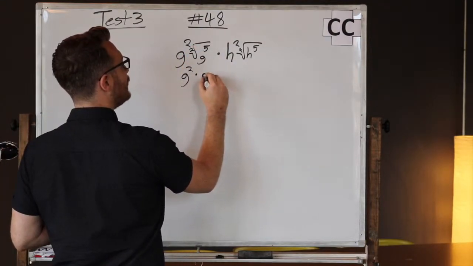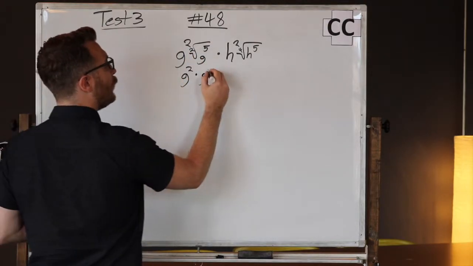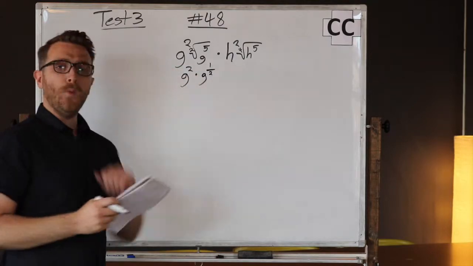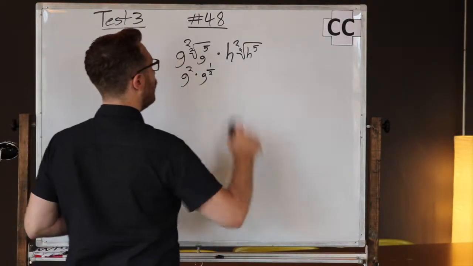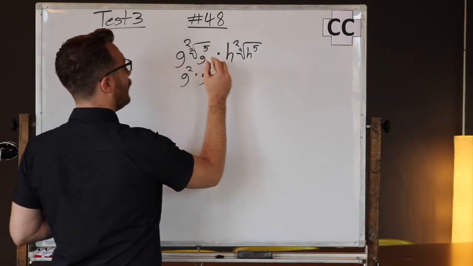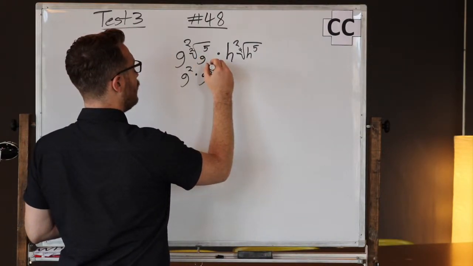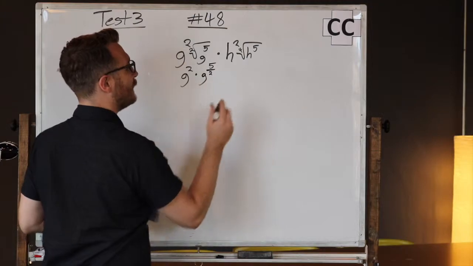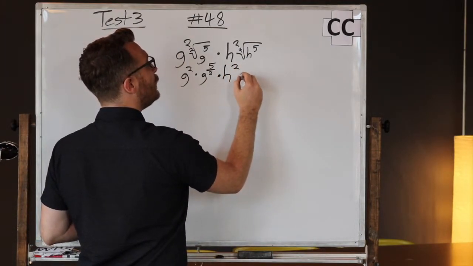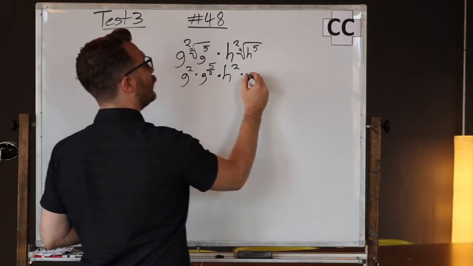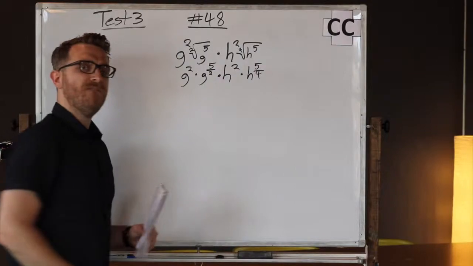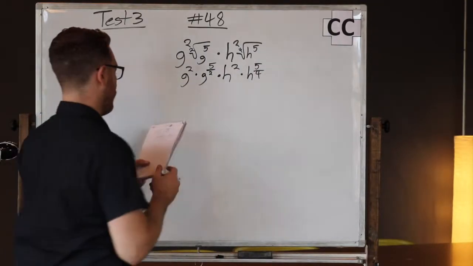I'm going to make this instead, because the square root of g is the same thing as g to the 1/2 power. So I'm going to multiply. I'm going to put together here g to the 5 halves. All right, now I have h squared. I'm going to do the same thing here. Now this is the fourth root, so I'm going to have h to the 5 over 4. Nice. Okay.